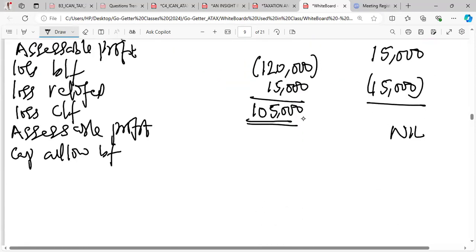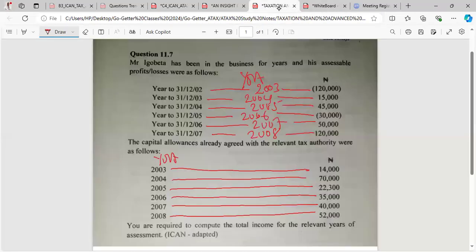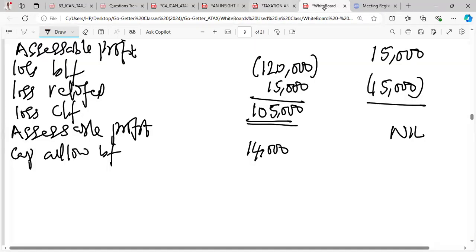So we'll bring it down here. 14,000. For the year is 70. So as I'm doing it, I'm ticking them off. I've done with this, I'm done with this, I'm done with this. 70,000.